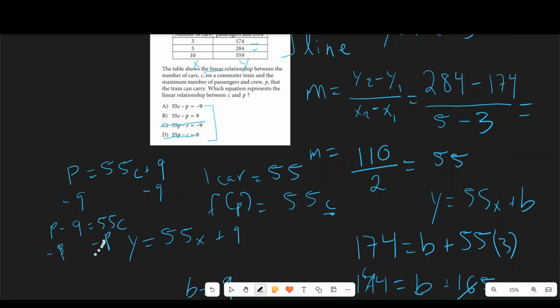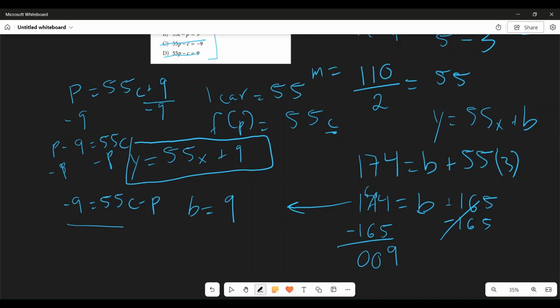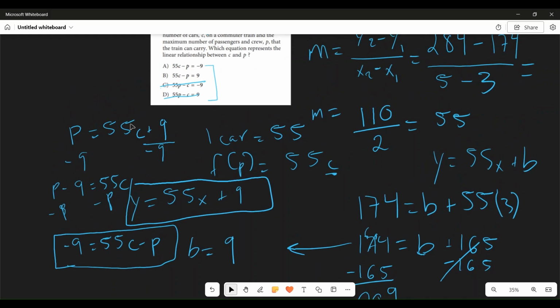So then what we're left with is -9 is equal to 55c minus p. So now we have an equation in a form that is similar to the answer choices given. -9 is equal to 55c minus p.